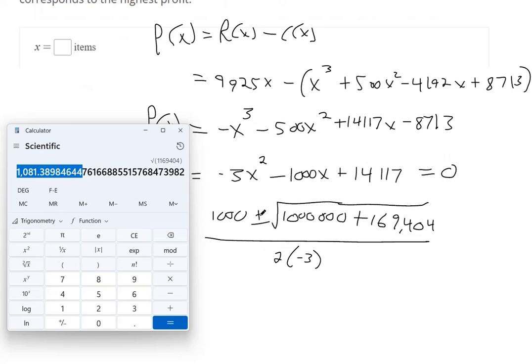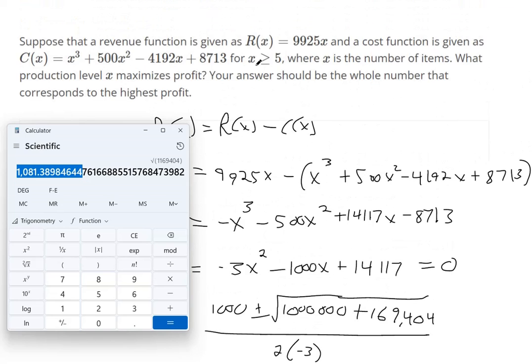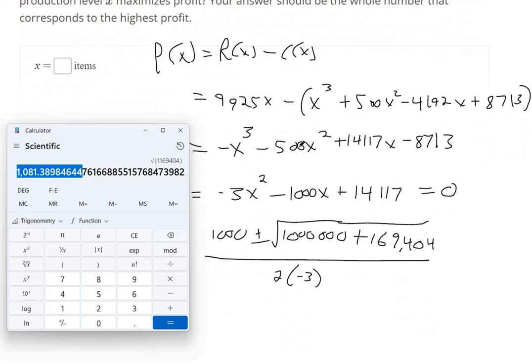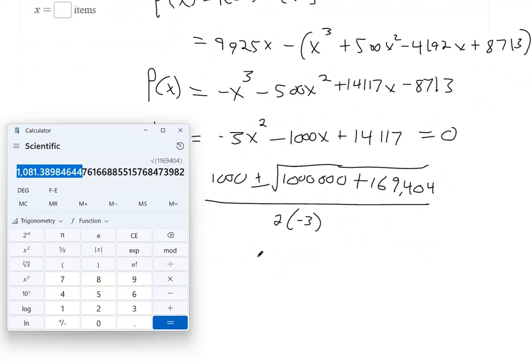And I can tell the plus one is going to be useless to us because they said x is greater than or equal to 5. So if we were to do 1,000 plus this and then divide by a negative, we'd have a negative result. So I'm doing 1,000 minus that result that we just got. That makes the numerator negative. And then we can divide this by -6, because that's what the denominator is.